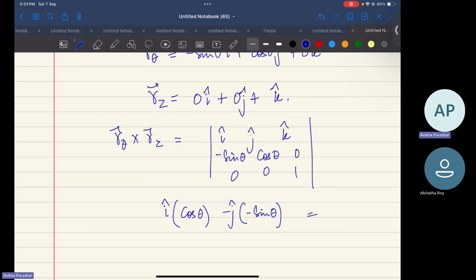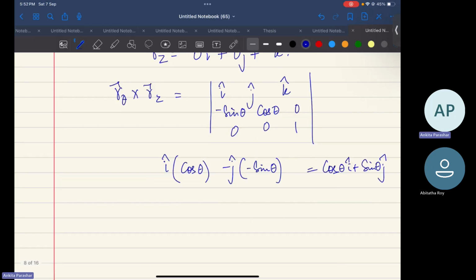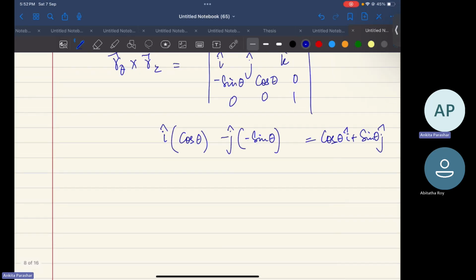Yeah, that's all. Very well. So what would we get now if we want the norm? So the norm of r theta cross rz, what is that? You'll get 1. Yeah, it's just 1.